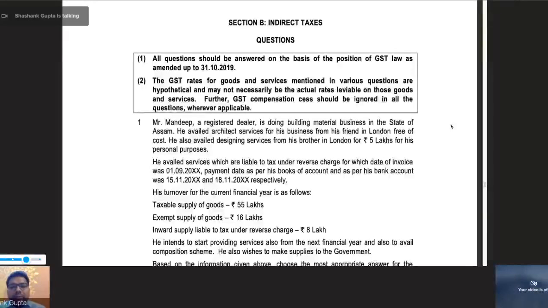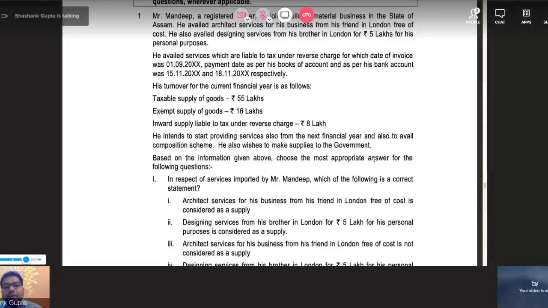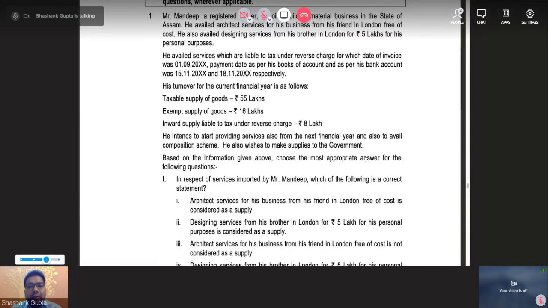So let us please start solving this RTP. Right from question number 1, we will be covering all the questions, and once we conclude this, then we will take up the amendments which have been listed as relevant for the ensuing attempt.